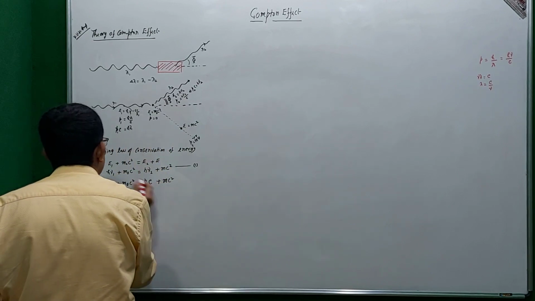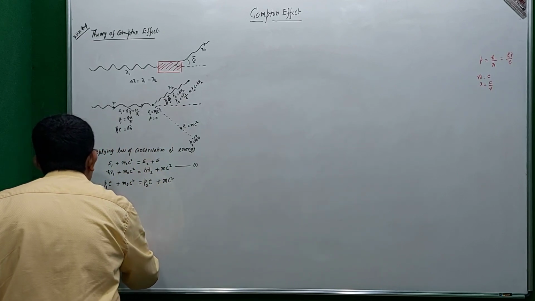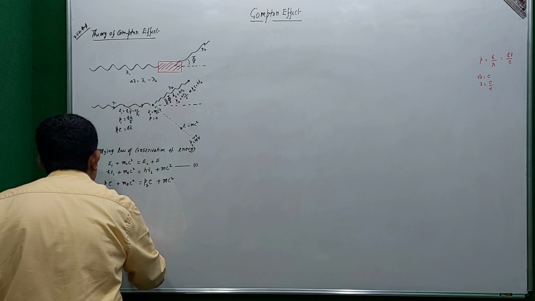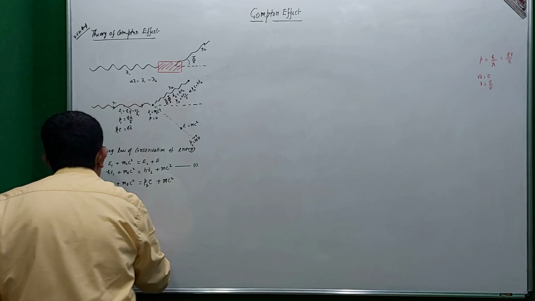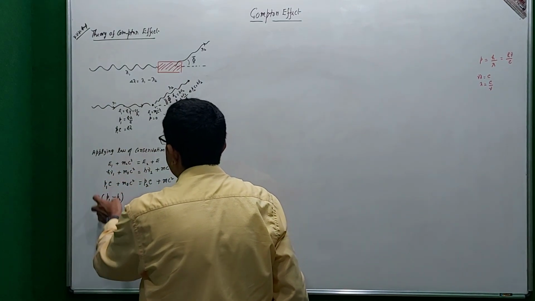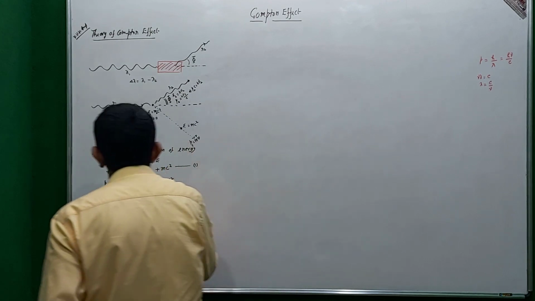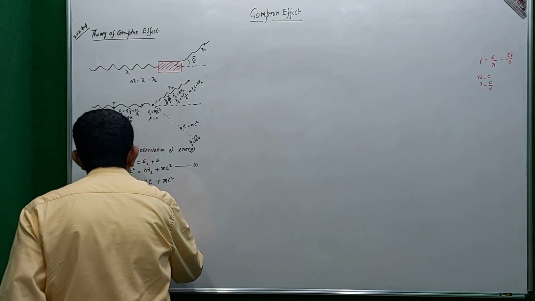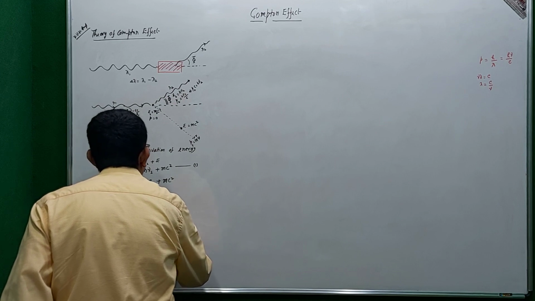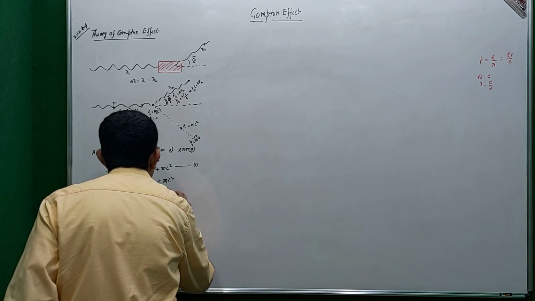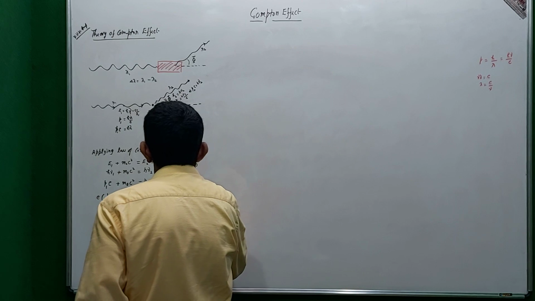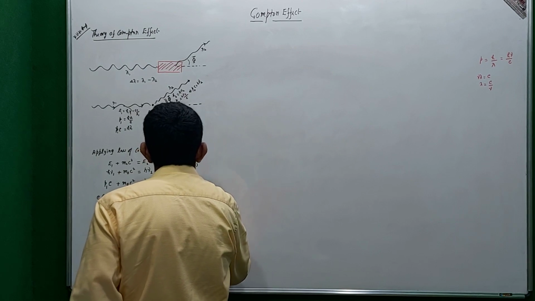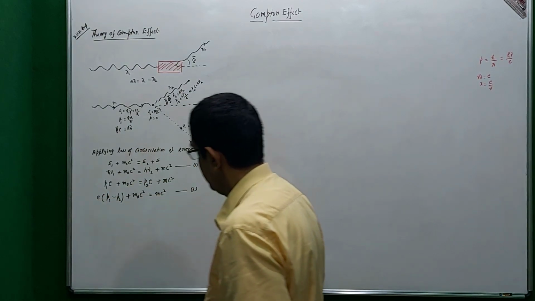Or we can write this as C into P1 minus P2, plus m naught c square equal to mc square. And let us write this as equation 2.